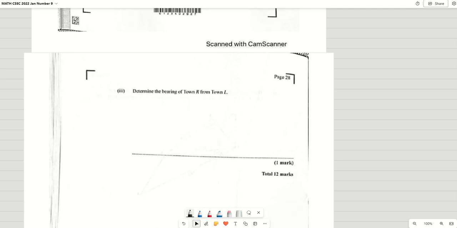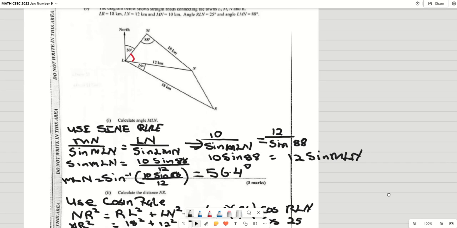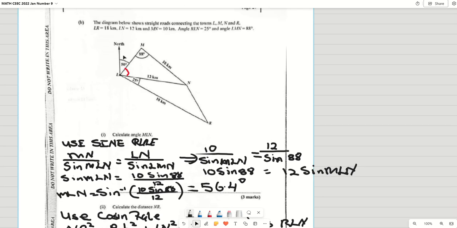Right, then the last question, they said determine the bearing of town R from L. So we're going from L to R. So we basically want to find from here, go straight down to here. Right, that's 50 plus this red arrow plus 25.